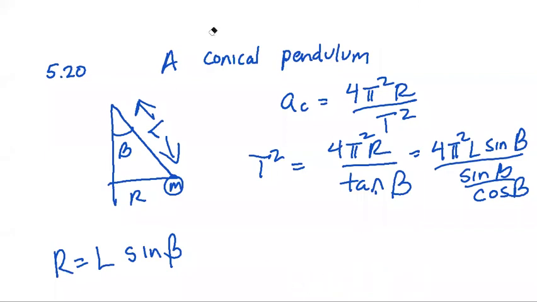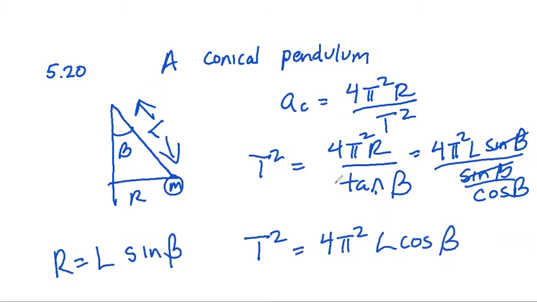So now T squared equals 4 pi squared, and these sine betas are going to cancel, L cos beta. Oh, I forgot a g. Over g, sorry.